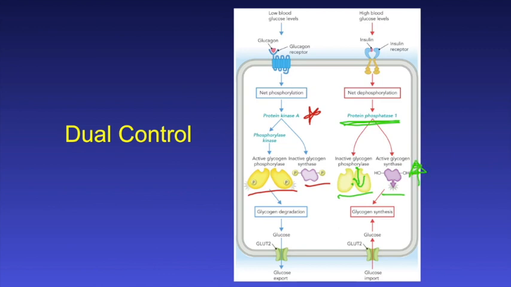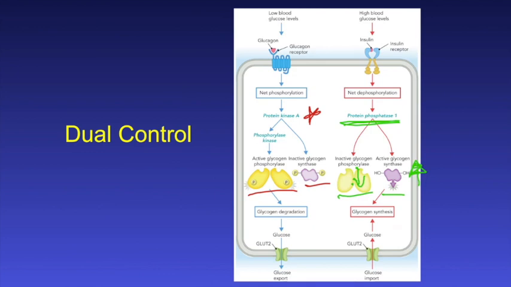If you have lots of insulin, I have lots of sugar, I want to store it. Glucagon, no sugar, causes kinases to activate, phosphorylates everything, causes degradation so that I can send the glucose out.